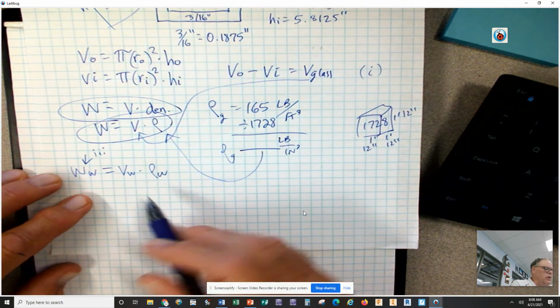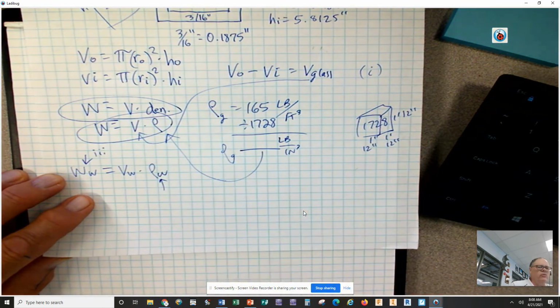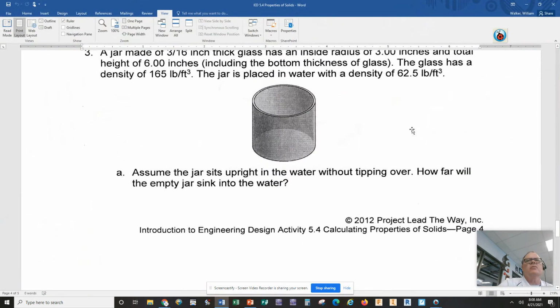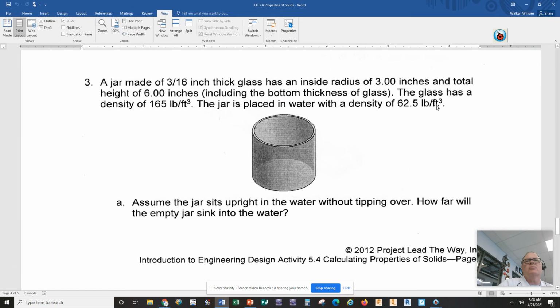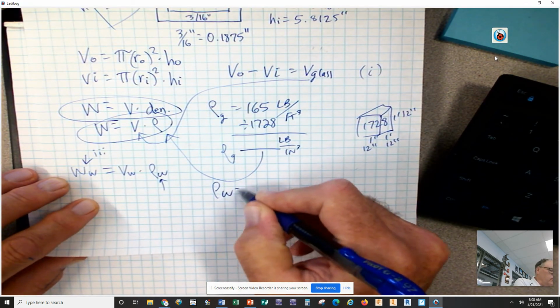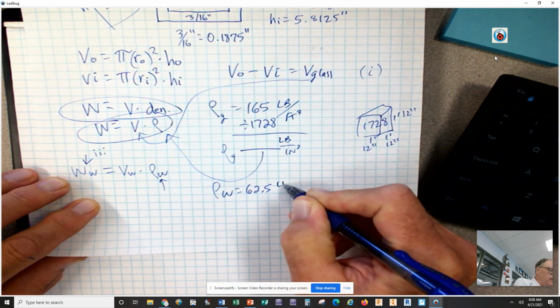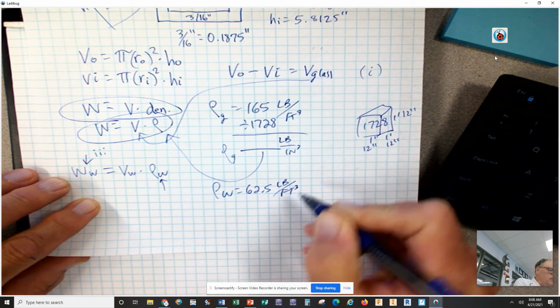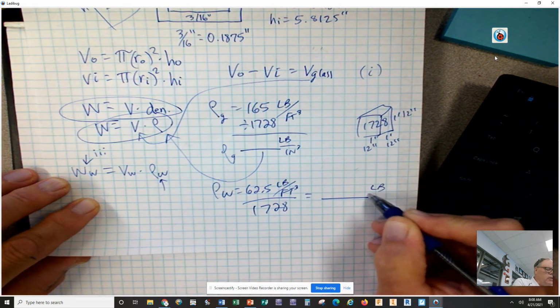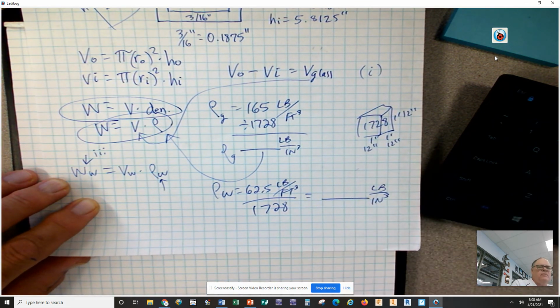And then we will already know the density of water that was given to us back in the actual problem here. The density of water is 62.5 pounds per cubic foot. Again, we have to divide by 1728, and you're going to get a density in pounds per cubic inch.